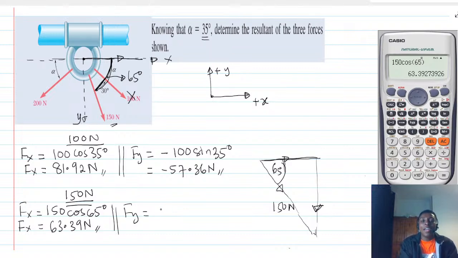So then Fy is nothing but minus 150 sine 65. Is that right?